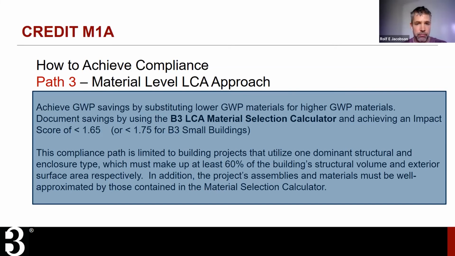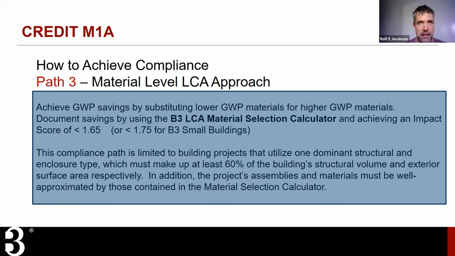And again, this compliance path is limited to building projects that are using one dominant structural and enclosure type. It has to make up at least 60% of the building's structural volume or exterior surface area, respectively. And in addition, the project's assemblies and materials have to be well approximated, at least by the material selection.